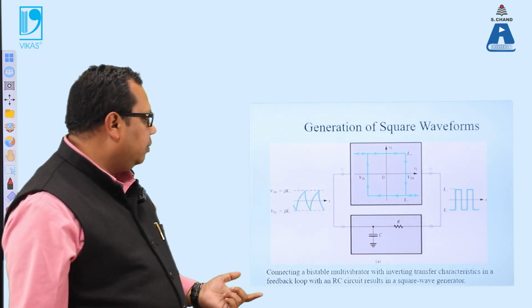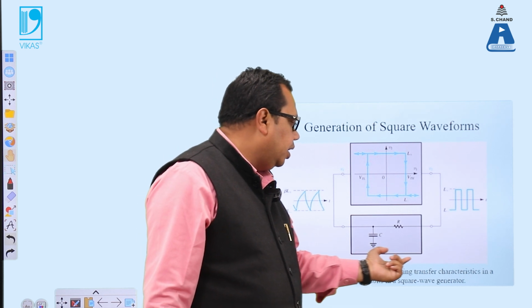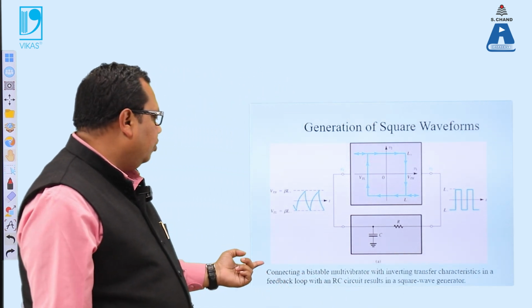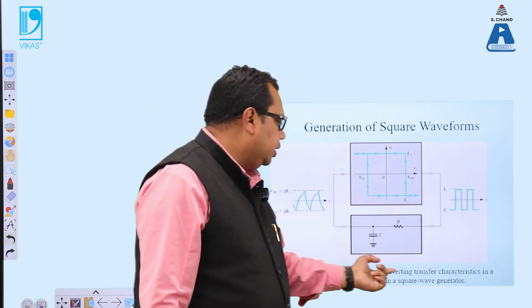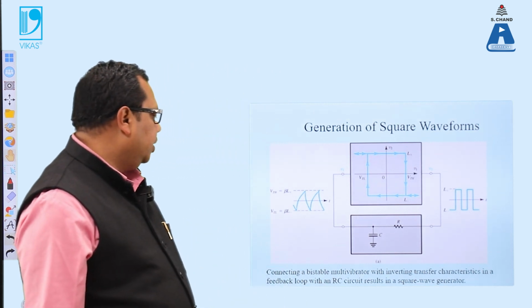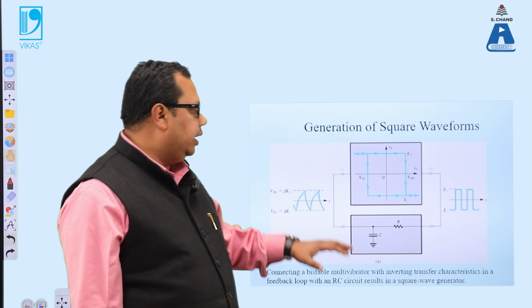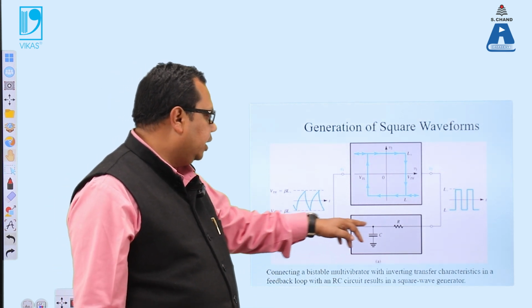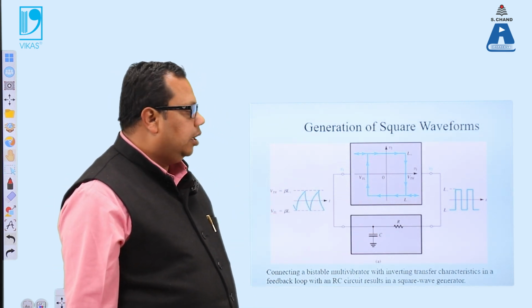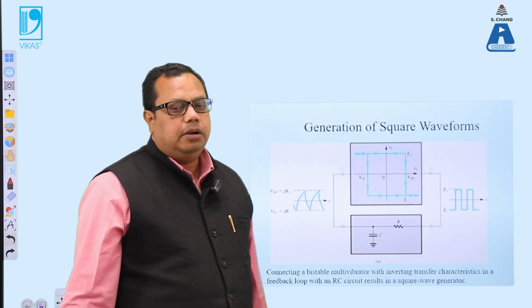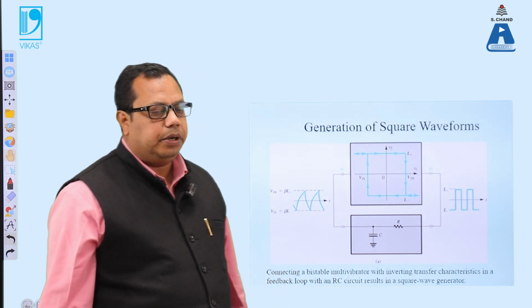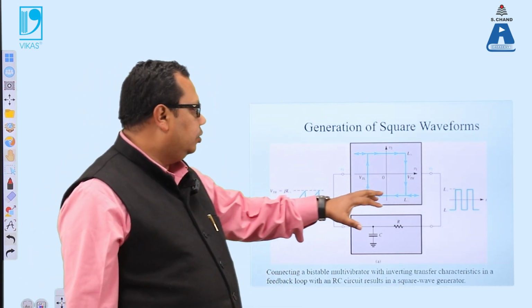Connecting a bistable multivibrator with the inverting transfer characteristics in a feedback loop with an RC circuit results in a square waveform. So when we connect the bistable multivibrator with an RC circuit, the RC circuit will generally give the square output.